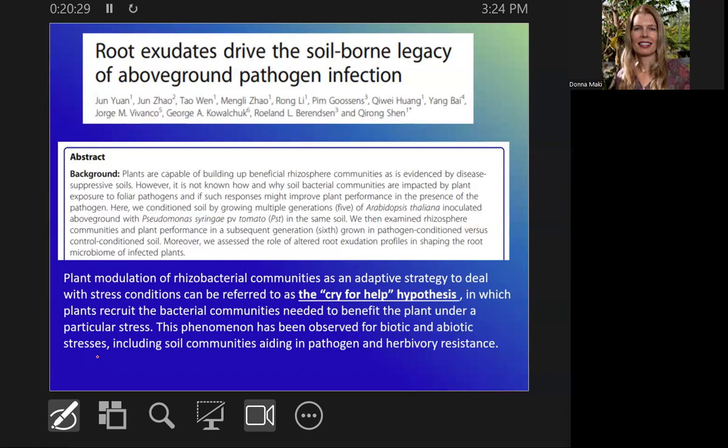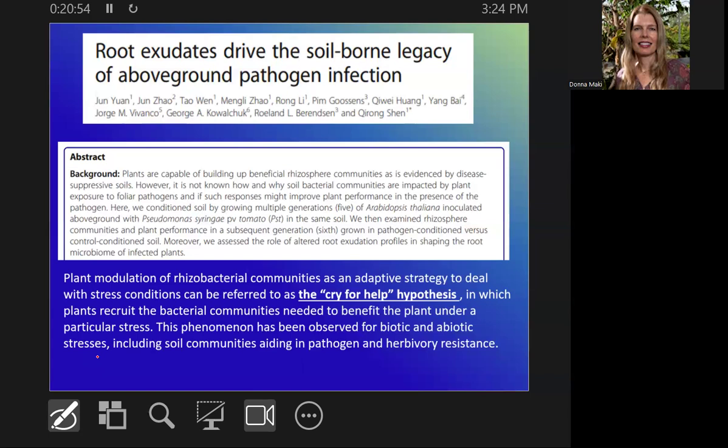When a plant is getting attacked, it shifts its root exudation patterns and ratios in order to recruit the microbes that should hopefully help. So they're crying for help by shifting their exudates to recruit the right bacteria or fungi to help with the attack, in this case by Pseudomonas.